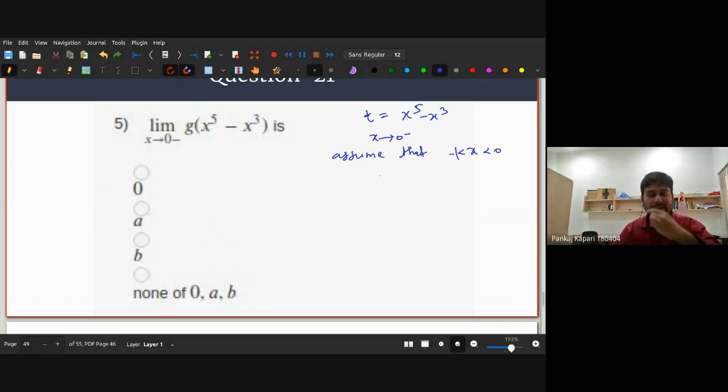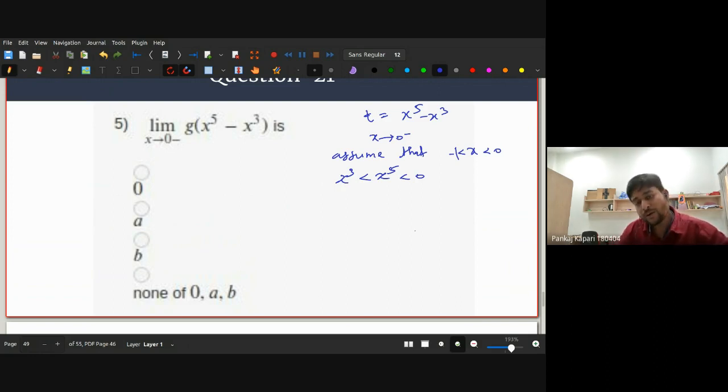Okay, so we are assuming that x is negative. What will happen when x lies between minus 1 and 0? What about x to the power 5 and x to the power 3? You can verify that x to the power 5 will be bigger than x to the power 3, and everything will be negative. So that is the case here, right?